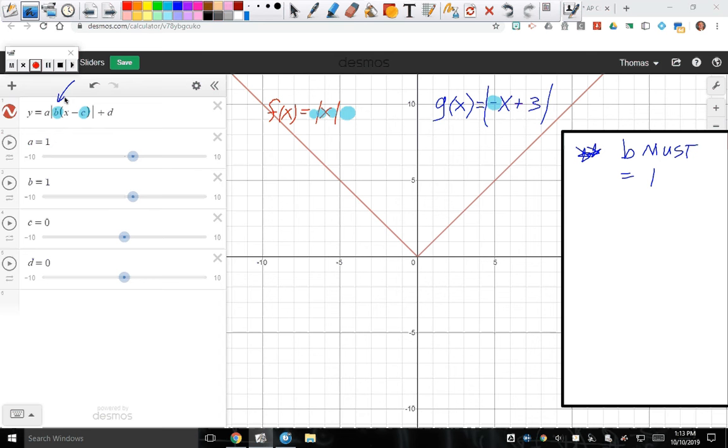So I'm going to GCF, otherwise greatest common factor, out this negative 1. And who can tell me what would be left in parentheses if I pulled out a negative from both the x and the 3? X minus 3.